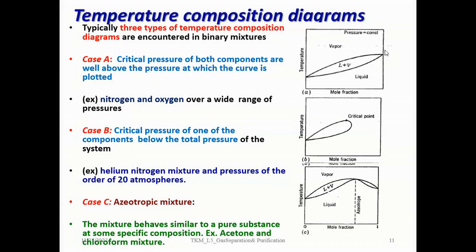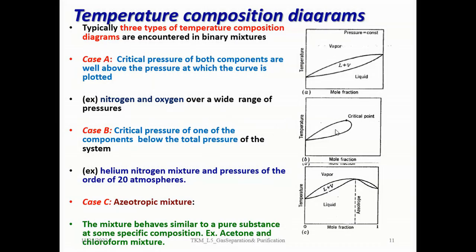That's what happens. Okay. Now, if you consider the case where the critical pressure of one of the components is below the total pressure of the system, that means only one of them has behavior of this type.